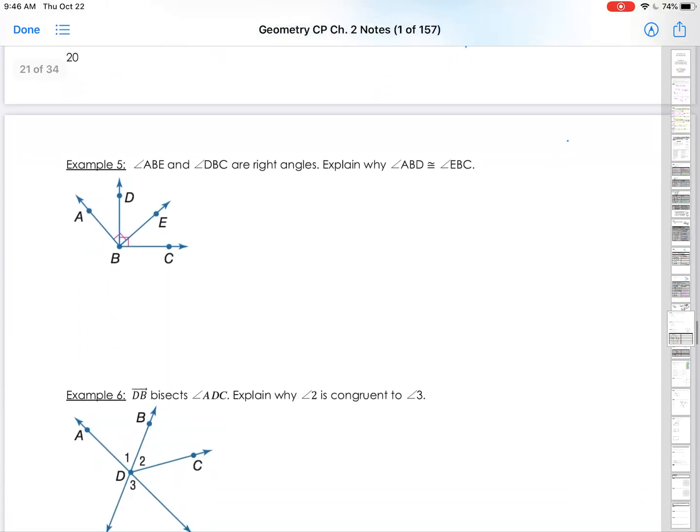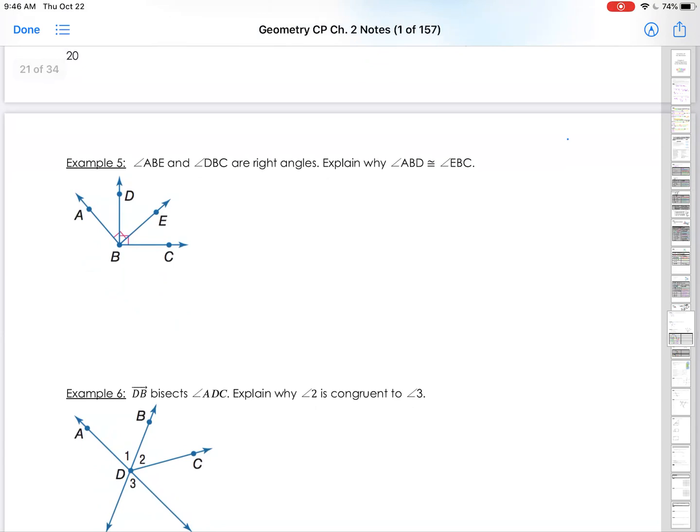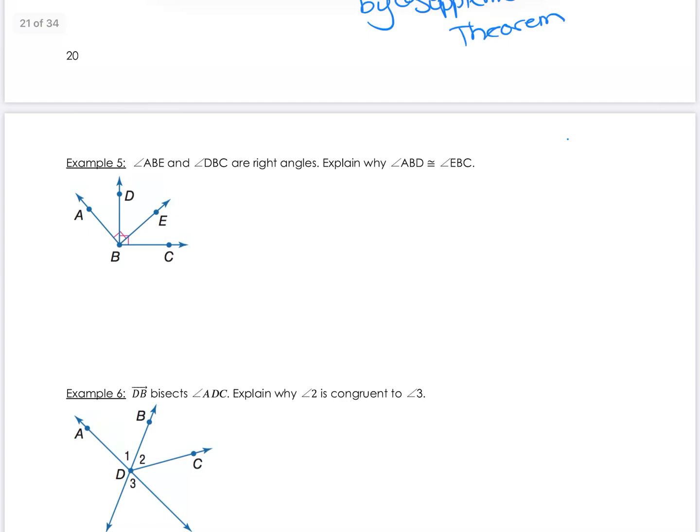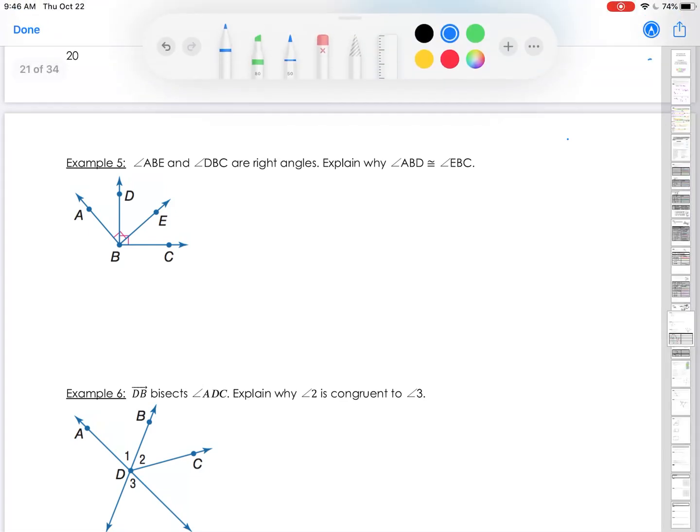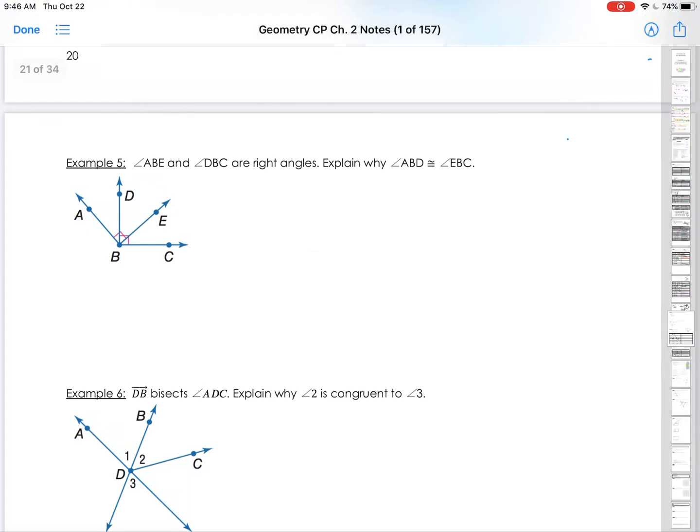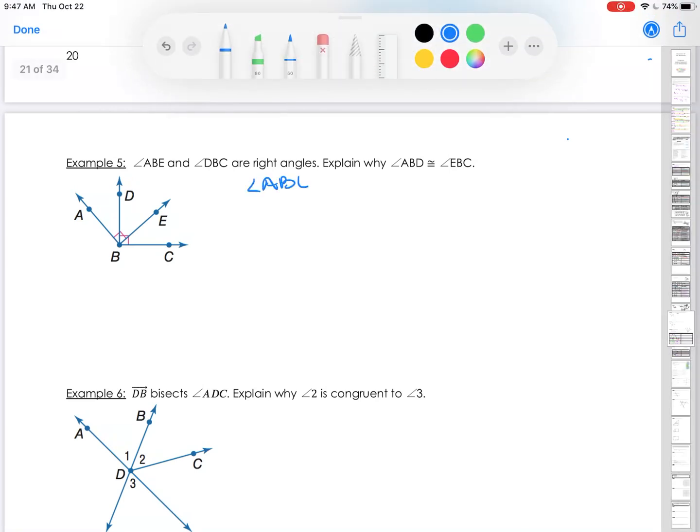All right, for the next one, it says that ABE and DBC are right angles. We want to explain why these other two angles are congruent to each other. So if they are right angles, we know that all right angles are congruent, right? So we can say that angle ABE is congruent to angle DBC, and that's because all right angles are congruent.